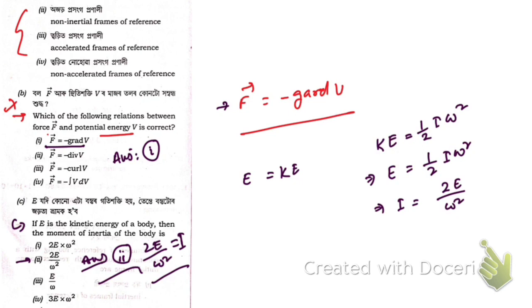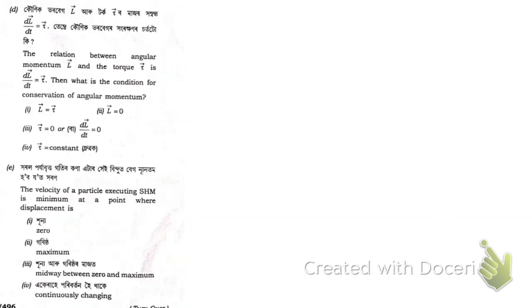Now let's go to the next question. Here you see the relation between the angular momentum L and the torque tau is given by the derivative of L, dL by dt, which gives the torque. Then what is the condition for conservation of angular momentum?